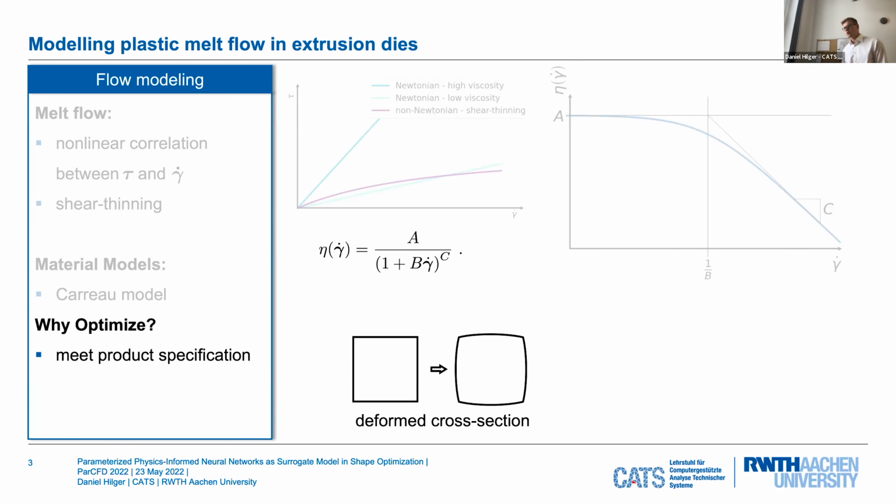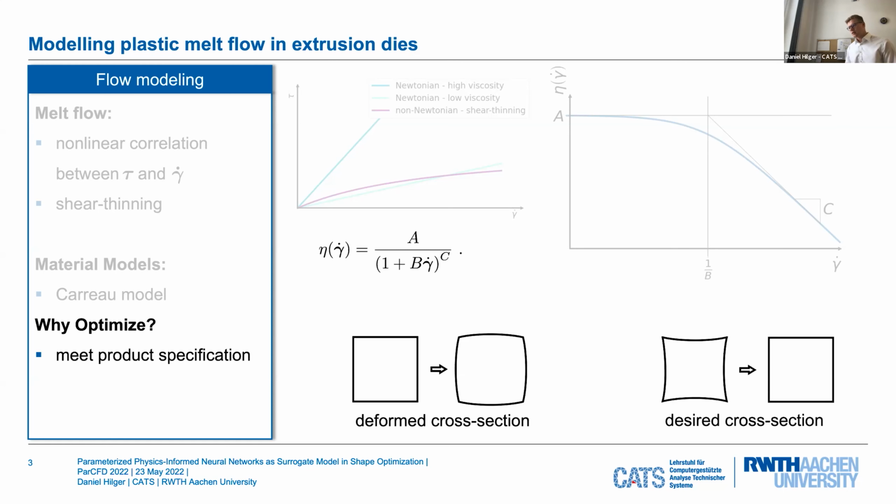Now to the question, why do we need to optimize these extrusion dies? These special flow characteristics of polymer melts lead to a certain swelling behavior of the melt after it exits the extrusion die. So if our extrusion die is a square and our target shape of the extruded profile would also be a simple square, we wouldn't end up with that, but with this deformed cross-section of our profile.